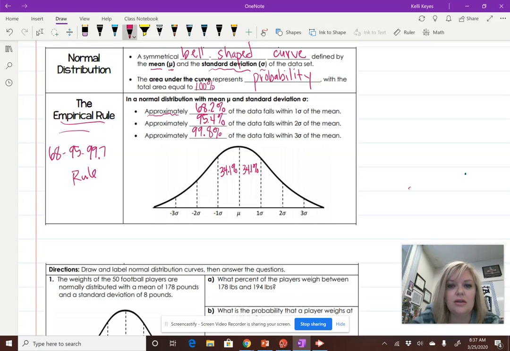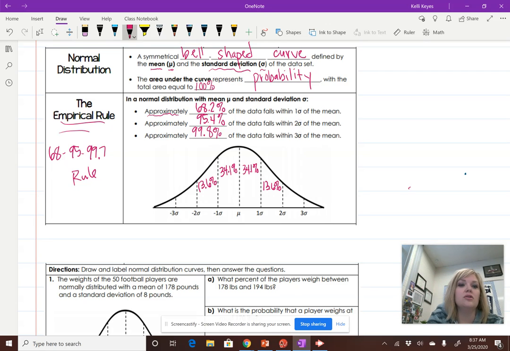And then if we did 95.4, subtracted the 68.2 and divided by 2, we'd get these sections, which is 13.6%. So hopefully you're writing this down, because you don't have to memorize these.